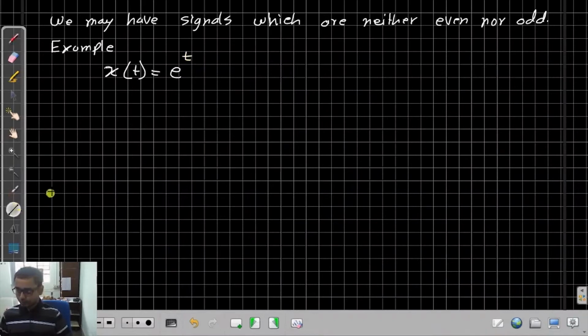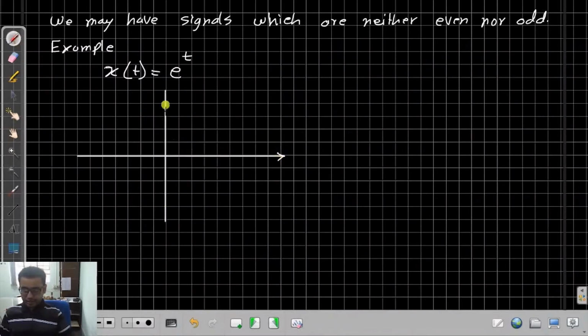If we plot this graph, at t equal to 0, x of t will be 1, and then it will increase exponentially. On the other hand, for negative t it will decrease and asymptotically go towards 0.